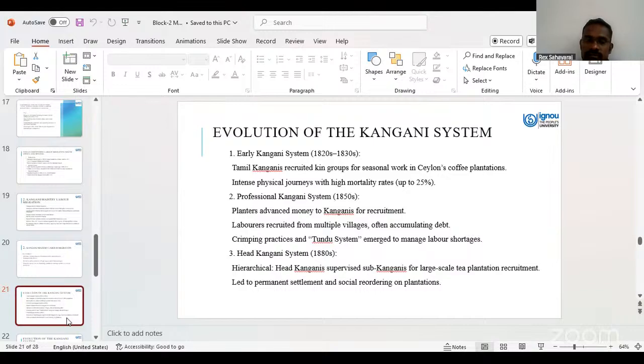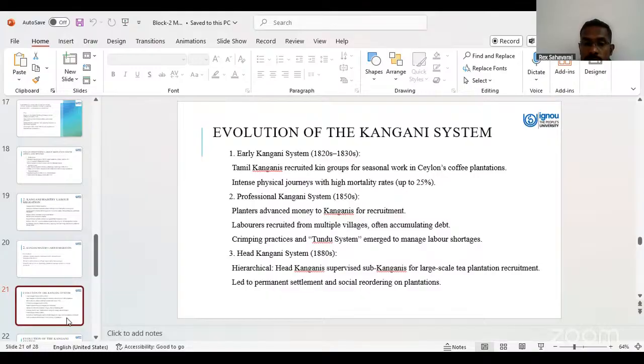So, I think Navya might have seen the old tape recorder or cassette. They buy and come. So the planter advanced money to Kanganis for recruitment. So laborers recruited from multiple villages, often accumulating debt.